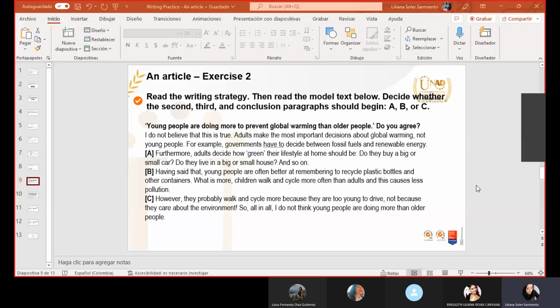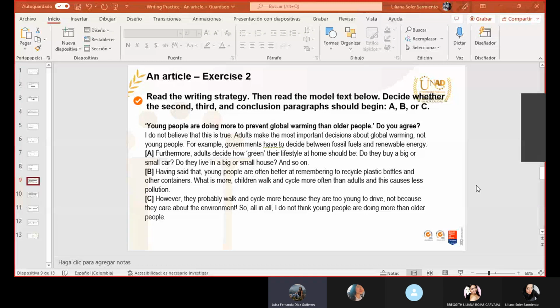Okay, thank you. And the last one, Luisa Fernanda, could you read the last paragraph with the letter C? However, they probably walk and cycle more because they are too young to drive, not because they care about the environment.